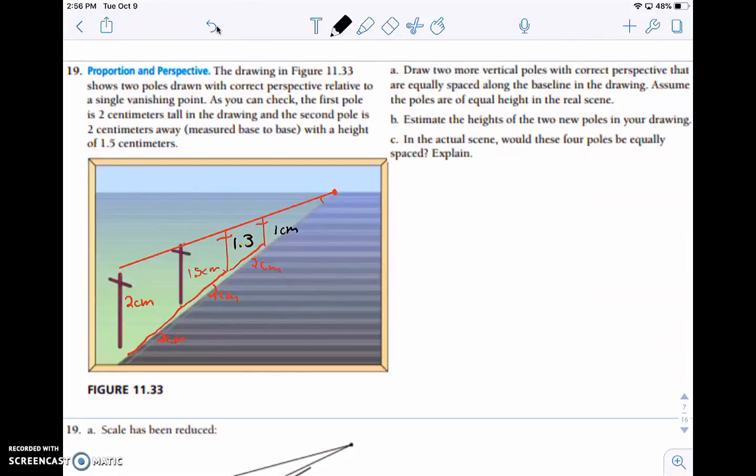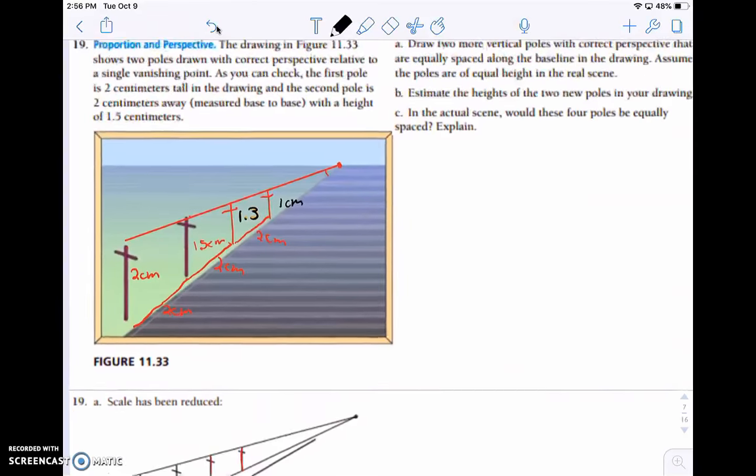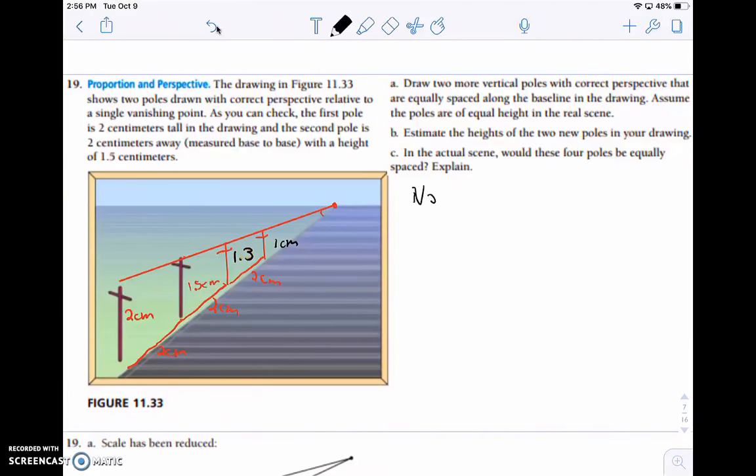And actually, the answer is no. Based off of the actual scene and your perspective, I would say the spacing would be greater as you got further and further away from that first pole, and the heights would be smaller.